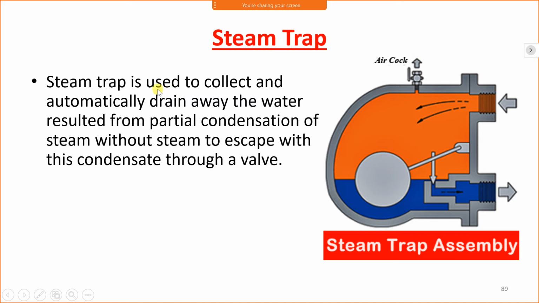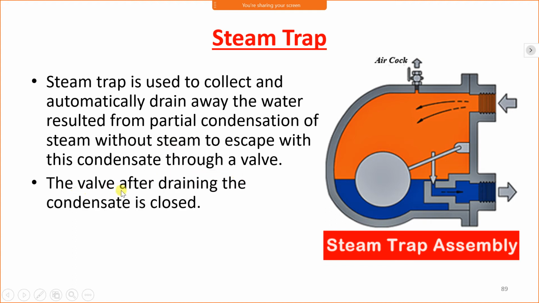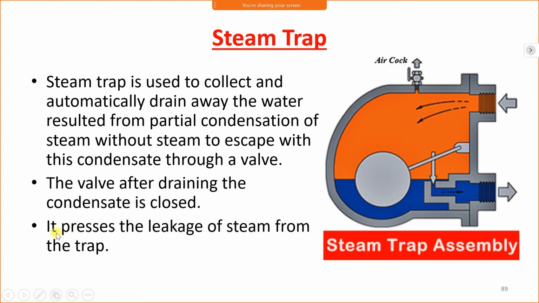The steam trap is used to collect and automatically drain away the water resulting from the partial condensation of the steam, without letting steam escape with the condensate, through a valve. The valve, after draining the condensate, is closed. It prevents the leakage of the steam from the trap.